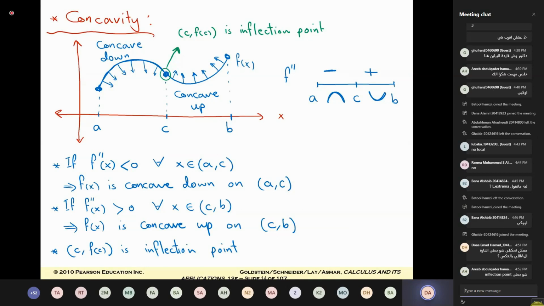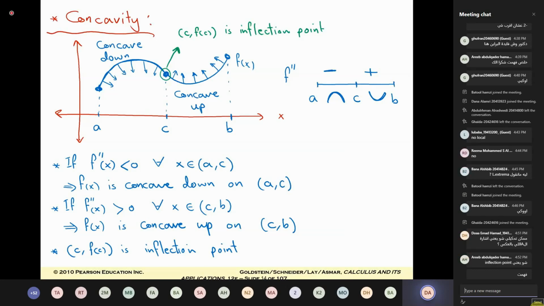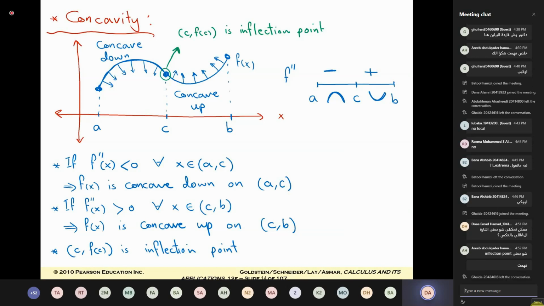But f double prime is used to find the concave up interval, the concave down interval, and the inflection point. The inflection point is where the function changes from up to down or from down to up. The symbol means for all.